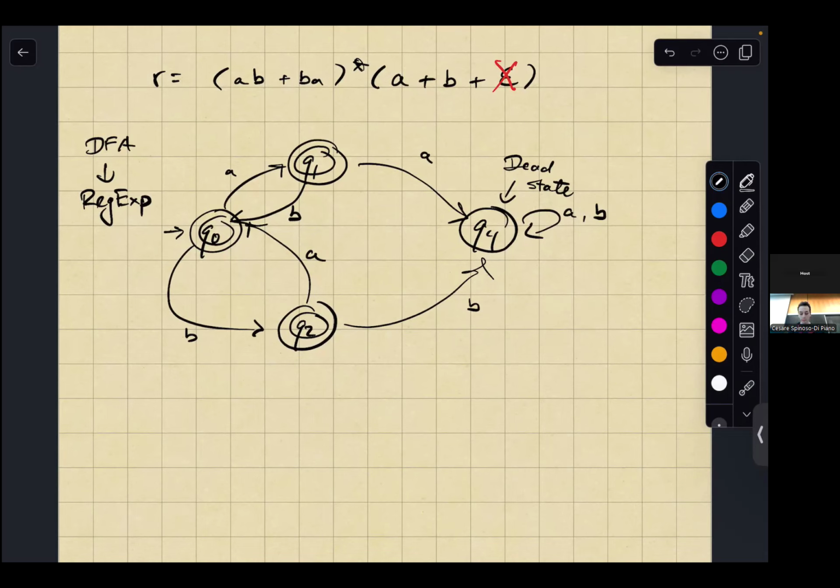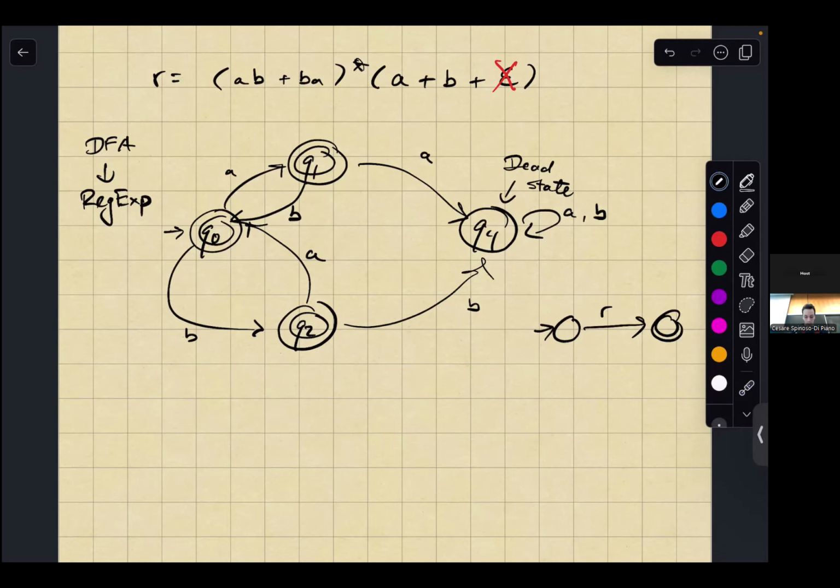Remember that the state elimination algorithm tries to get to an FA that looks like this, where you have your start state and a single accept state, and the regular expression tells you directly how to get from the start state to the accept state.